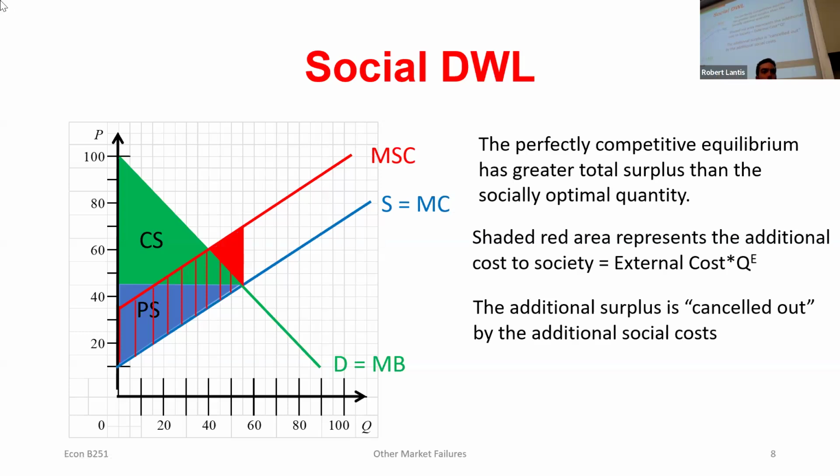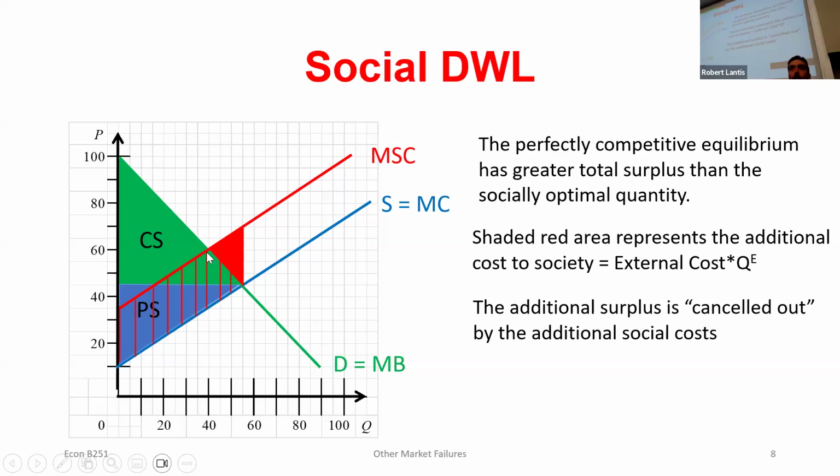Because total surplus before, when we weren't factoring in society's costs, if we got to that socially efficient quantity, would have just been this area right here. Now, we still have this total surplus, but because we saw the overproduction of this good, for every unit from that socially efficient quantity 40 to the market arriving at quantity 55, those additional 15 units, the costs incurred to society that weren't canceled out by any gain to producers or consumers would be this area here.